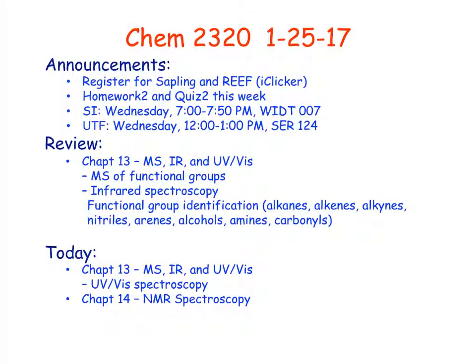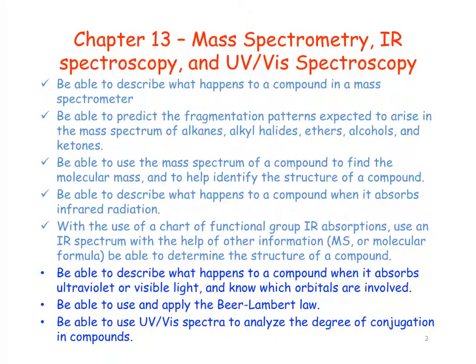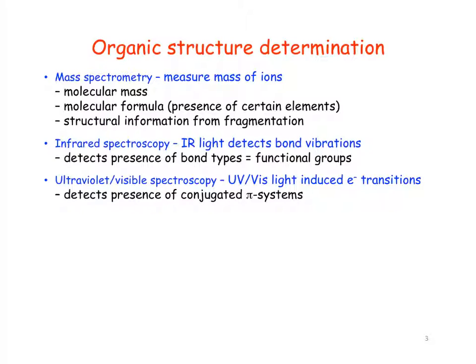UV-Visible Spectroscopy. This is the last of our material for this chapter. Remember that ultraviolet-visible spectroscopy is the right amount of energy to induce electronic transitions, to hop an electron from one orbital up to another orbital. This takes quite a bit of energy.